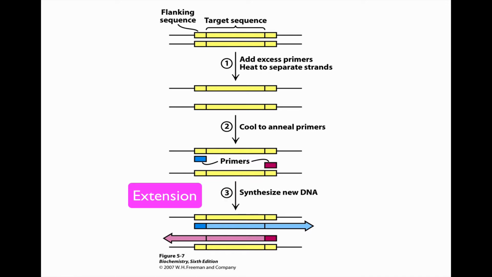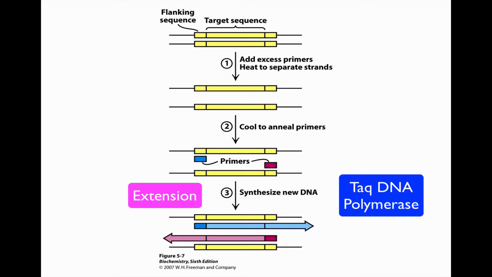During the extension phase at 72 degrees, there's an enzyme called Taq DNA polymerase. We've met DNA polymerases before in replication. They extend primers on the 3' end, and now we're meeting one called Taq, which stands for the species where we obtain that enzyme from. It's a thermostable enzyme from the Thermus aquaticus bacteria.